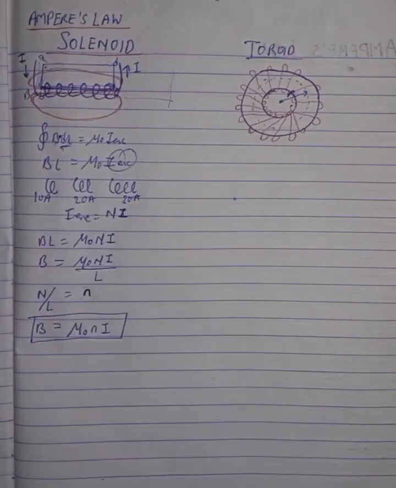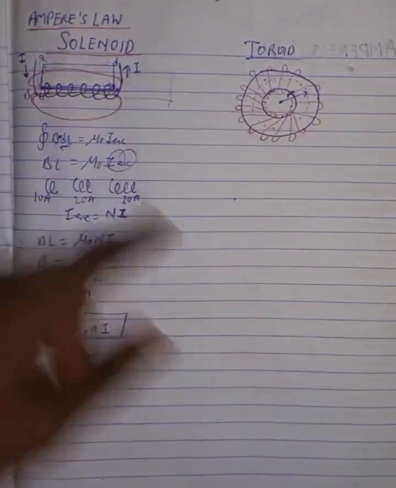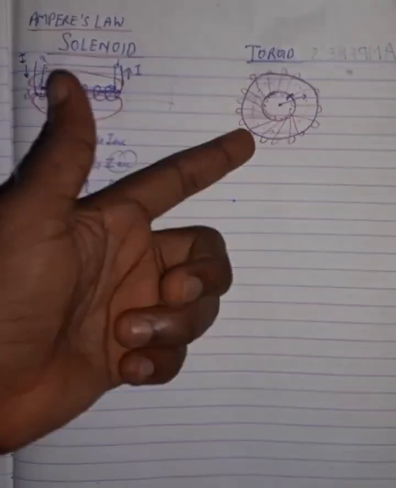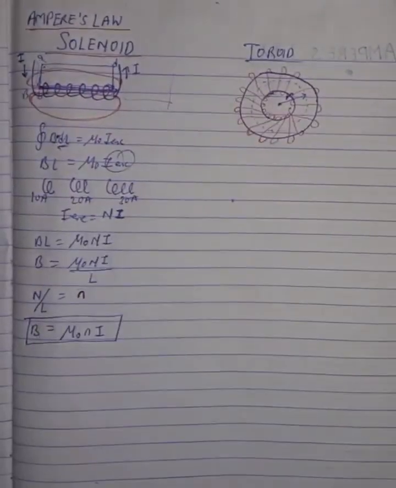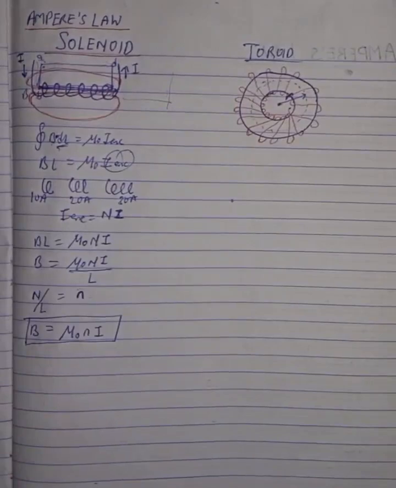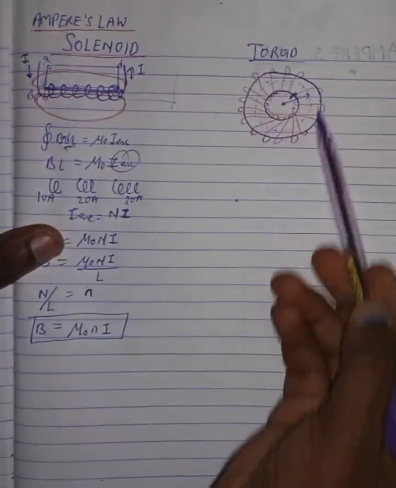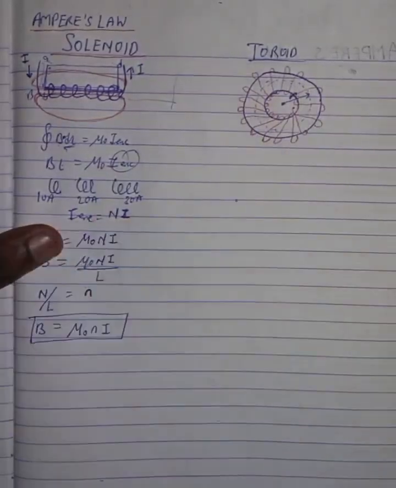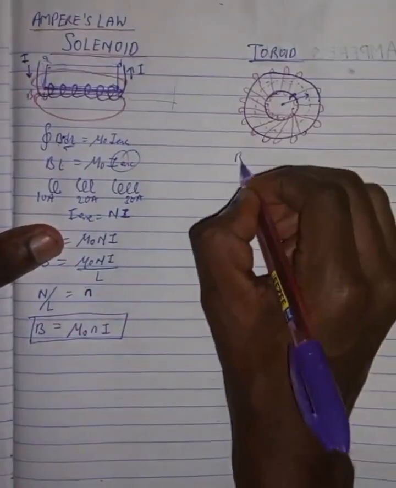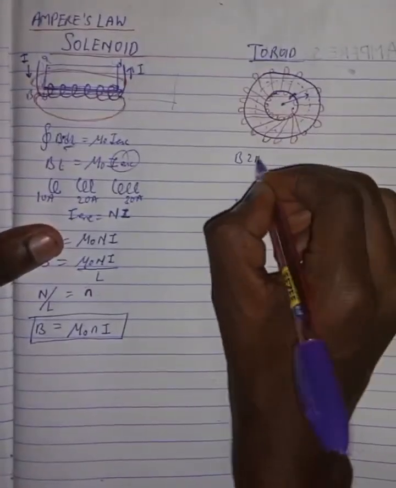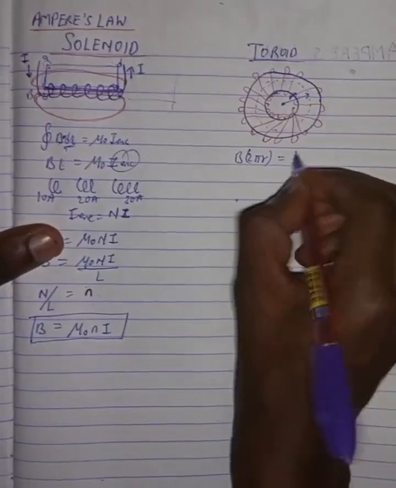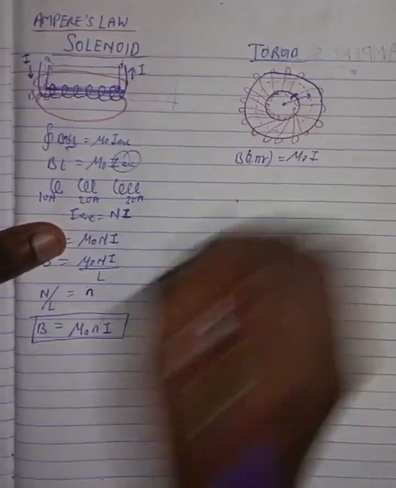Now, for a toroid, remember, a toroid is a solenoid wrapped in the form of a donut, and this is it here. How do we go about this one? The distance covered by this dl will actually be the circumference of the circle when we are considering a toroid. So here we have B times 2 pi r, and that will be equal to mu naught I enclosed.